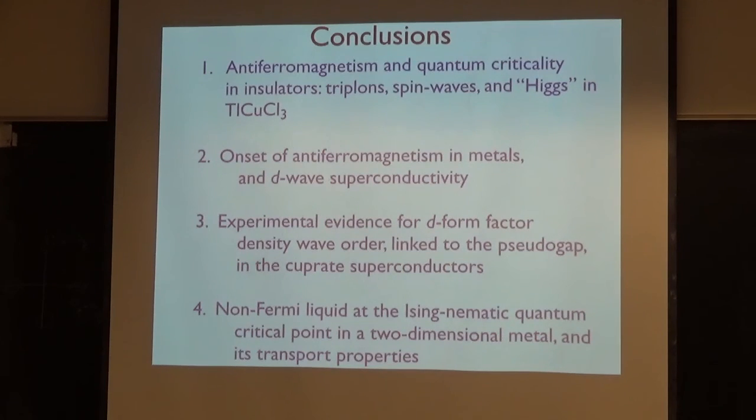I think there's very convincing evidence from the cuprates, from the STM data, that there is such a d form factor present, and it's closely linked to the pseudogap. So this form factor, if nothing else, seems to be a very powerful tool for enhancing the signal-to-noise ratio of pulling out the order parameter of the pseudogap.